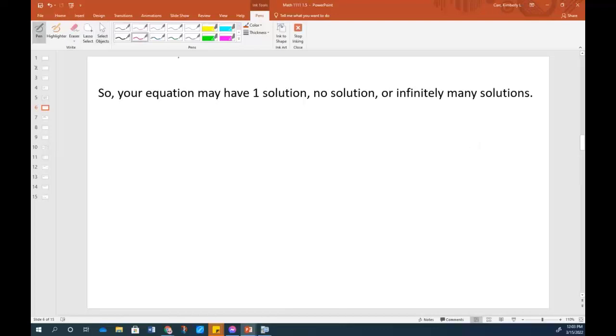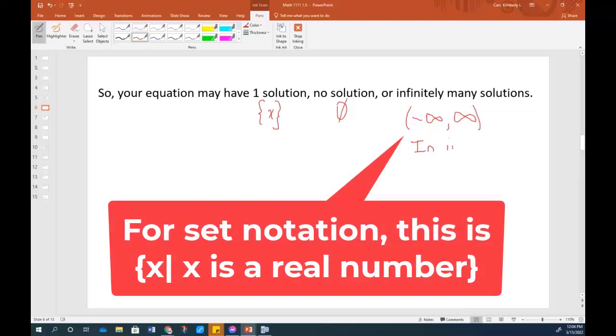One solution is when we're going to have x equals whatever number that is. And here, no solution is an empty set. And infinitely many solutions, how would you write that down? Actually, it's generally negative infinity to infinity, and they put parentheses around it because this one is in interval notation.